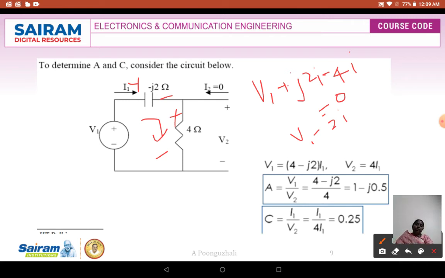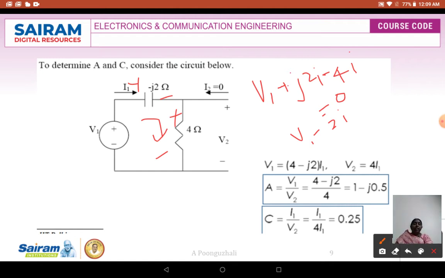So now substitute it, simplify it. So we can write V1 is equal to 4 minus J2 into I1. So here we are going to have, this is 4. This is your I value. So 4 minus J2 into I1 there.